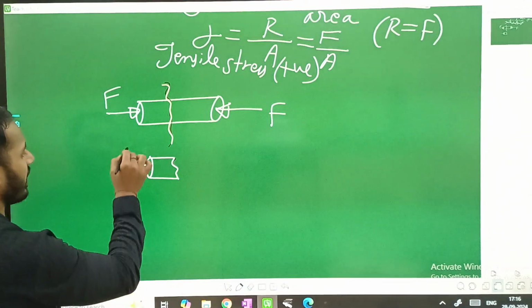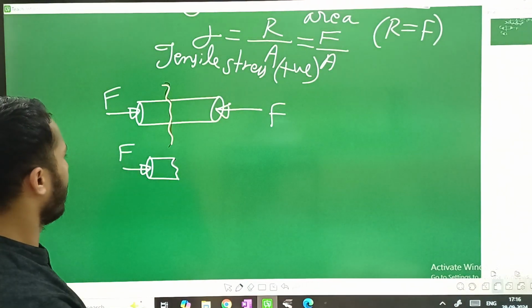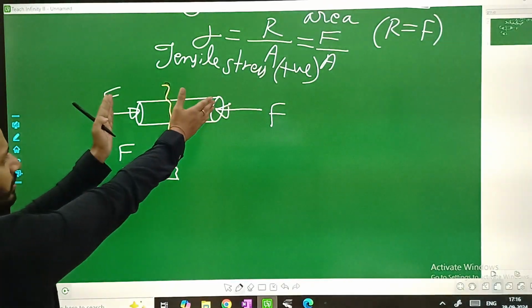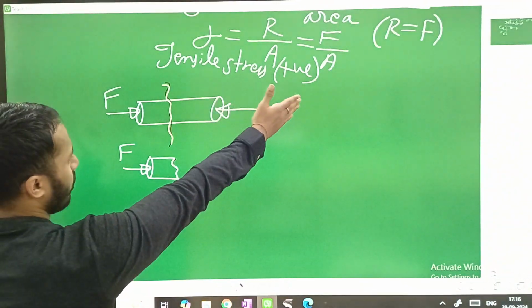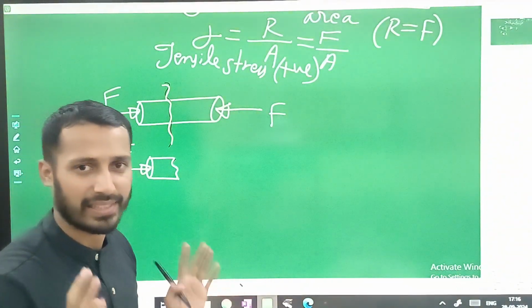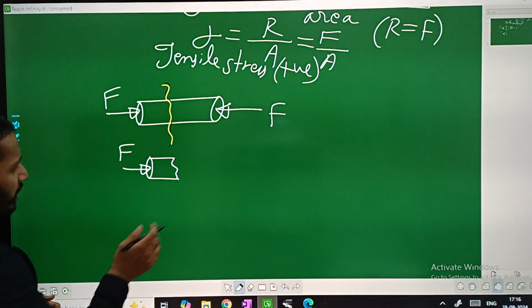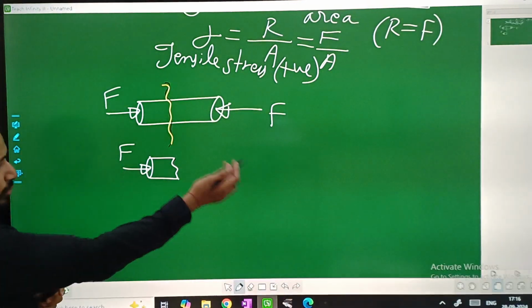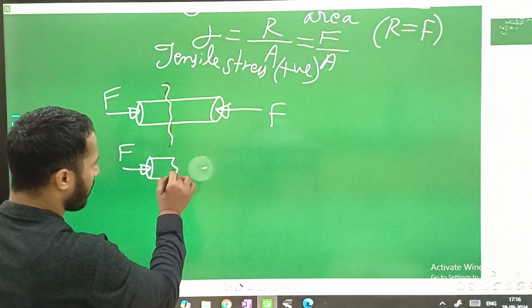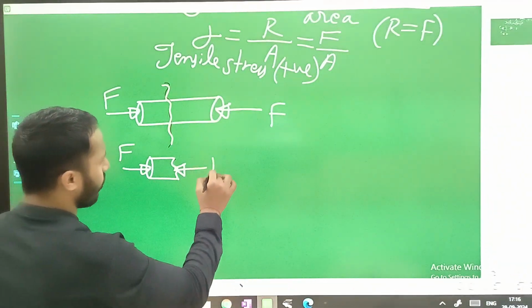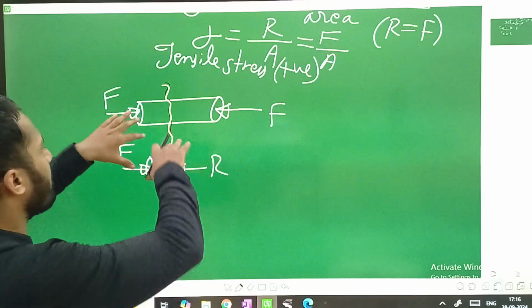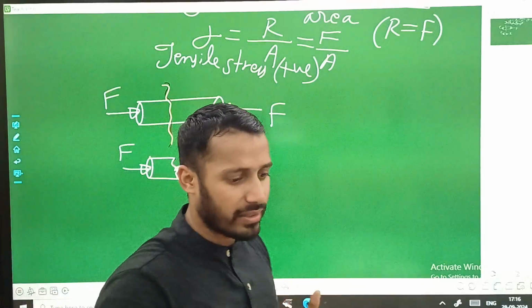This force is applied externally and this is in equilibrium, because the force on both sides is the same. So this part must also be in equilibrium. So if you apply the force this way, one more reaction should come in the opposite way, that is this way, and this is called R. Who will apply this R? The particles inside the rod.